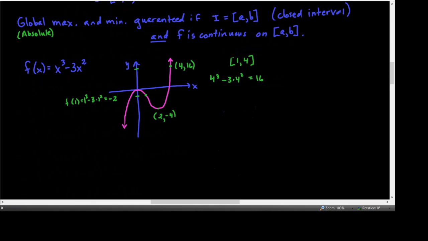So looking at those points and looking at the graph, would everybody agree with me if I said the absolute max is 16 and the absolute minimum, isn't that negative 4? Yeah. So you can see that this isn't that bad of a question if you're just looking at a graph. Just look for the highest and lowest point.